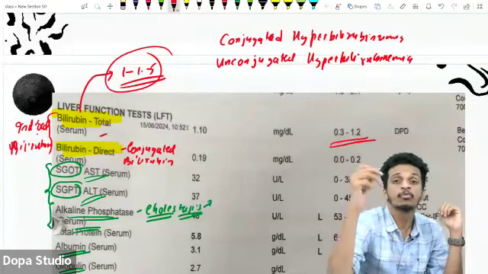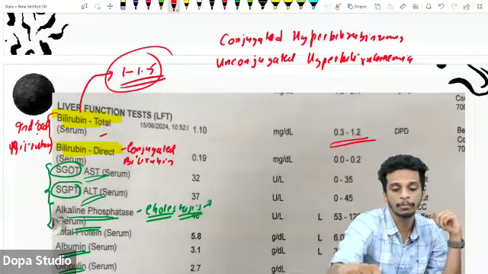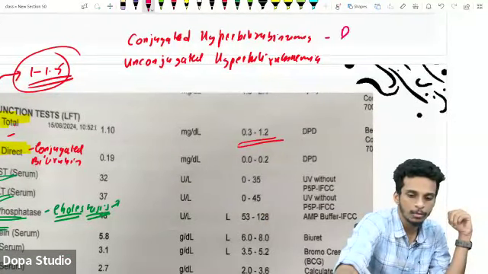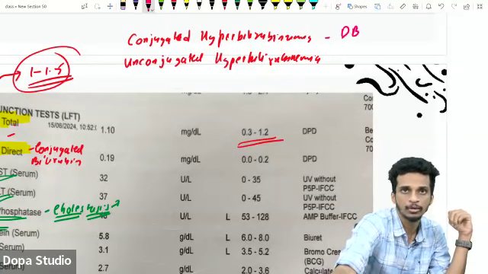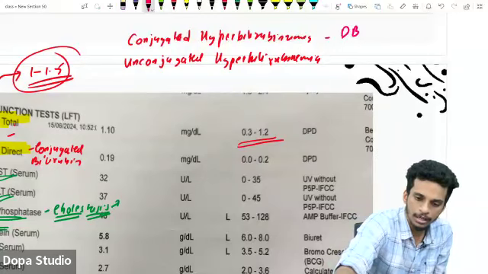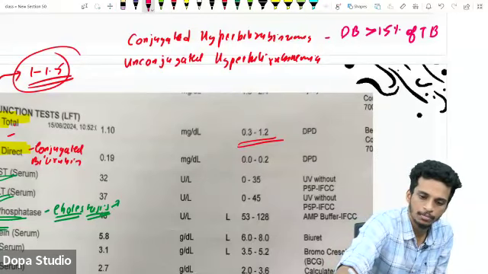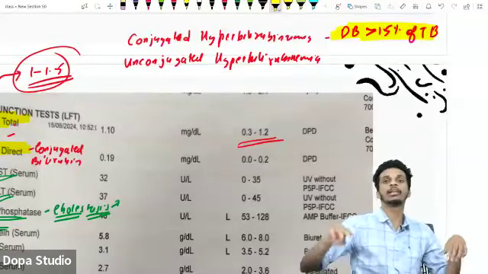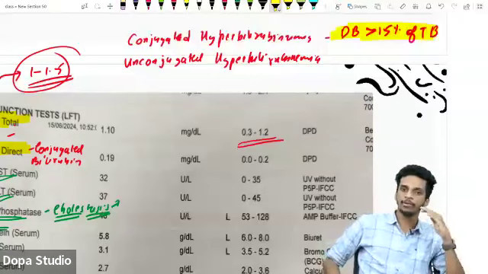Is that clear? So when do we call it conjugated hyperbilirubinemia? That is important. I will write direct bilirubin, DB, meaning direct bilirubin or conjugated bilirubin. If my direct bilirubin is more than 15% of total bilirubin, this value is important, guys, because many people don't know this.